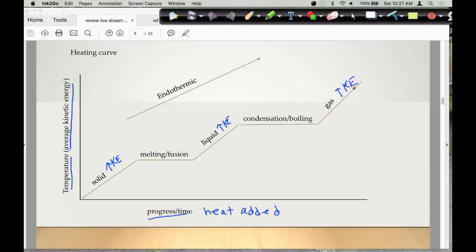When we look at the phase changes, we have no temperature change. So melting or fusion, condensation or boiling are the names of the phase changes. Solid to liquid is called melting or fusion. Liquid to gas, oh my goodness, I put condensation there. That's not what that is.